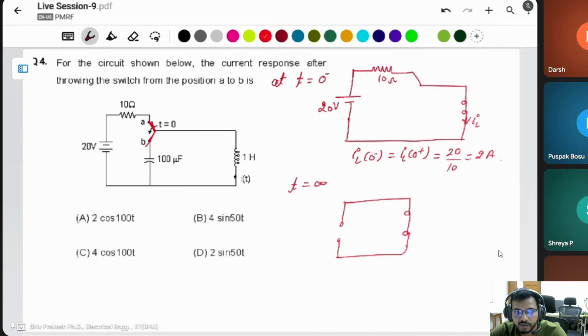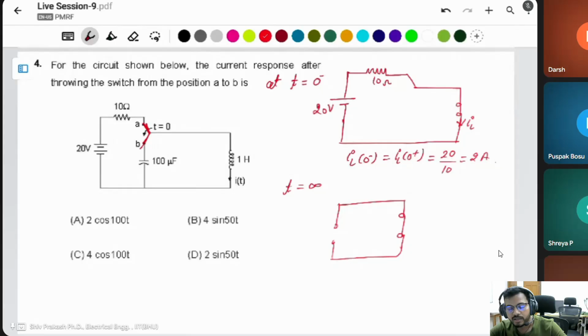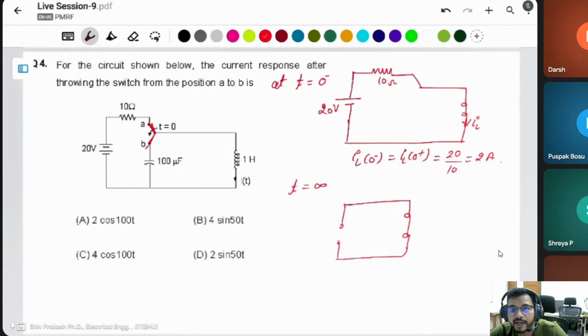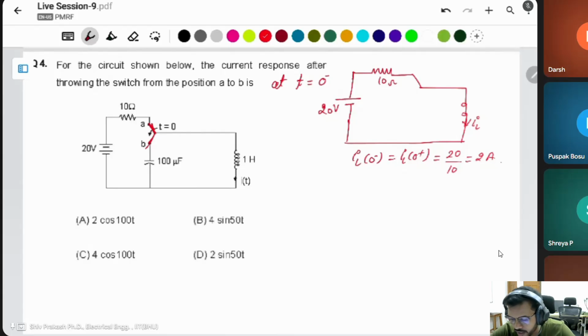We can't say, because the inductor and capacitor are both in the circuit. This circuit behaves like an oscillatory circuit. The inductor charges the capacitor, then the capacitor again charges the inductor. The whole circuit will go like that in oscillatory nature. Then you can't directly apply the final value theorem.